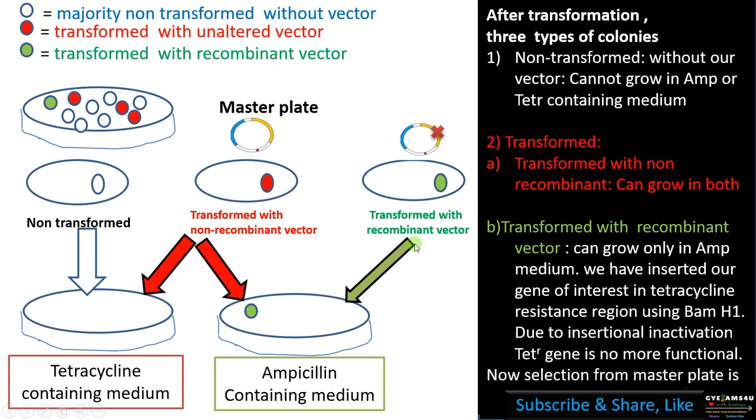Here the colonies that can grow in ampicillin containing medium but cannot grow in tetracycline containing medium are the ones with our gene of interest. And this is how antibiotic resistance gene is used for the selection of transformed recombinant colonies.